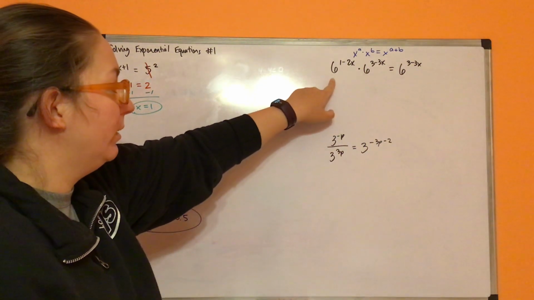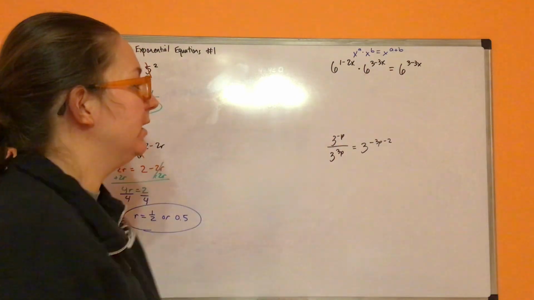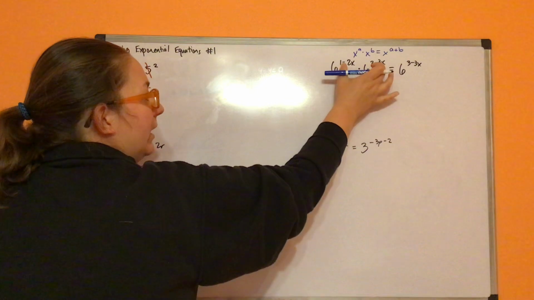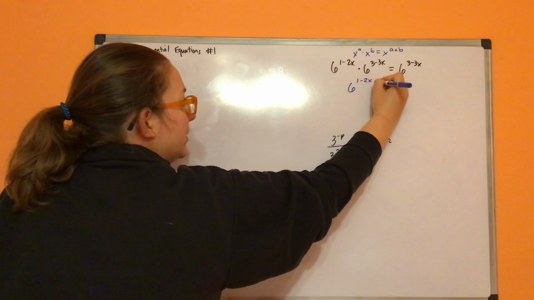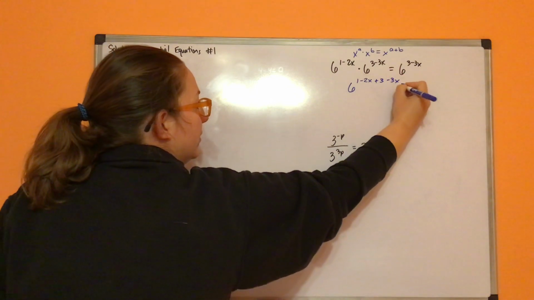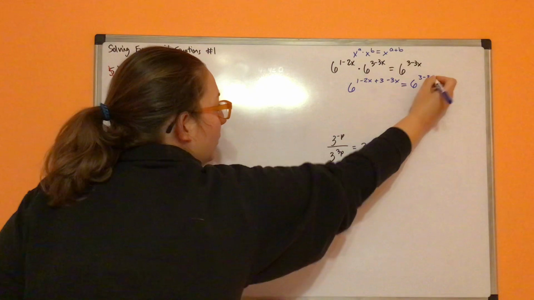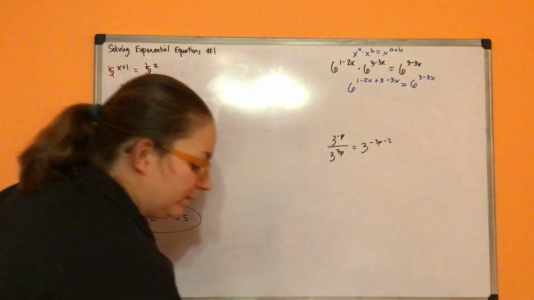So 6 to the 1 minus 2x times 6 to the 3 minus 3x, I can turn that into my base 6, and then add these two exponents together. 1 minus 2x plus 3 minus 3x. On the other side, I only have the one base with exponents. There's nothing I can simplify there.